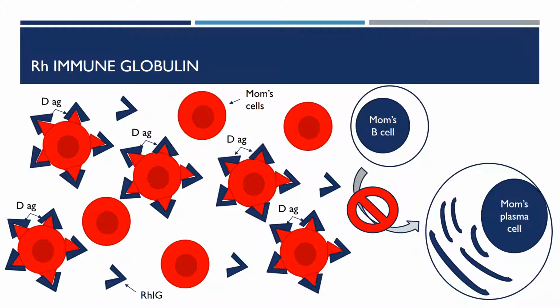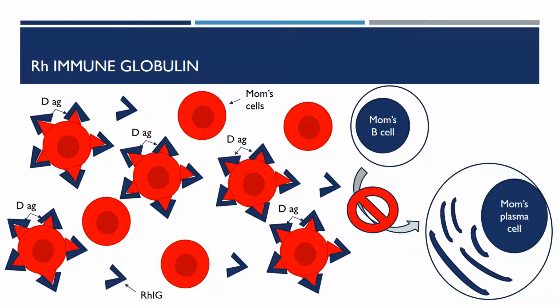RhIg is an antibody against D. Only these antibodies are being injected into you. They're not produced by you. If they're not produced by you, that means you don't have a plasma cell making these things. And the goal is to hide that antigen from the mother's immune system, to prevent an immune response from being produced.